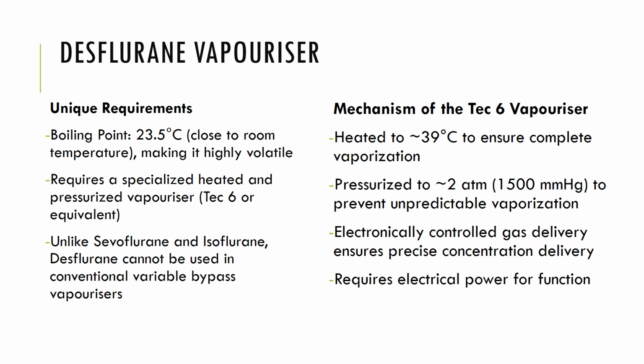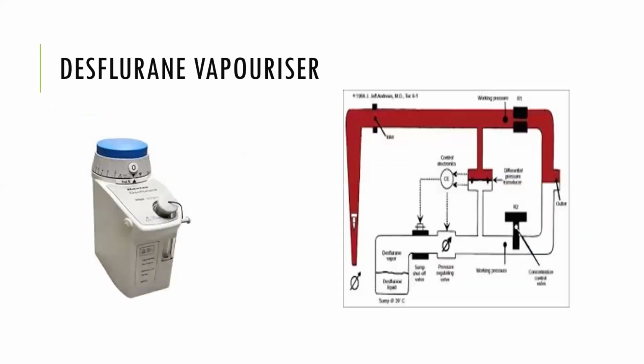In some places where we have power or electricity problems, desflurane will be a challenge in such settings. So this is the desflurane vaporizer. If you do get the slides, you just study the vaporizer because of our time.